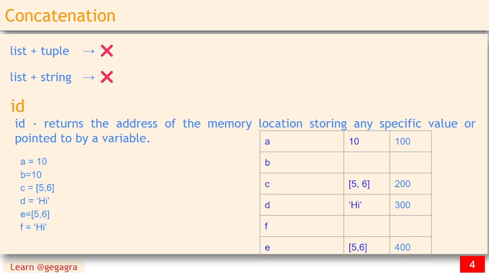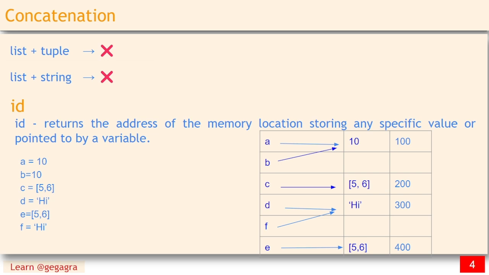If we draw the arrows, you'll be able to understand the relation. a and b will have the same address location, c is different, d and f have the same address location, and e is a different address location, because a list is mutable whereas a string is immutable.